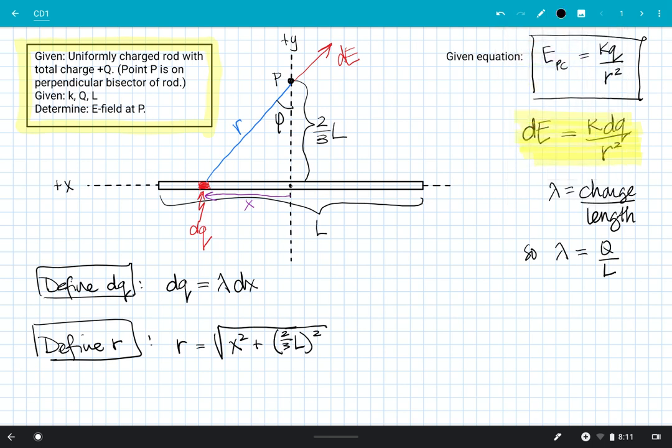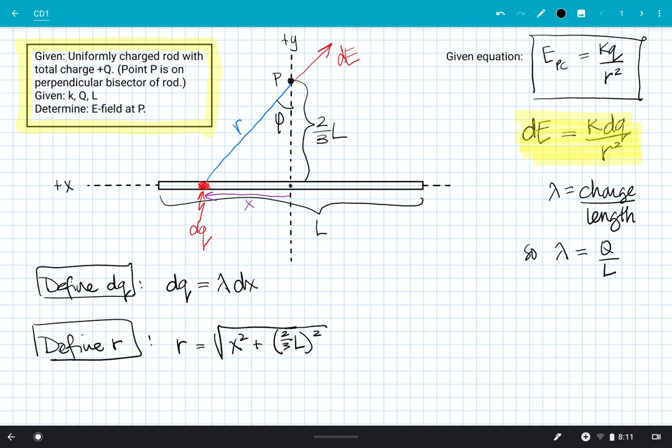Now I want us to think about cancellation. Of course, you can see as you move your DQ around, this DE is going to make kind of a fan up there on top. And every DE, like this one here that's shown that's pointing to the right, it's going to have a partner in symmetry that's exactly equal to it along the line of symmetry being the y-axis there. So that means that all of our horizontal components are going to cancel.